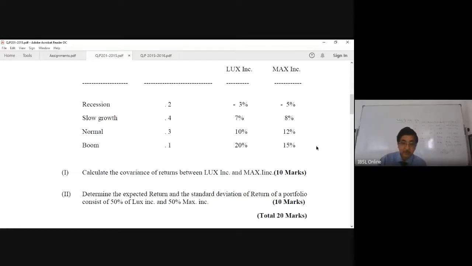That is correct. Then we have to get the standard deviation of the portfolio. For that, we need the standard deviation of lux, the standard deviation of max, the correlation coefficient of lux and max, and the weights. So I will write down a certain formula to get the standard deviation of the portfolio.